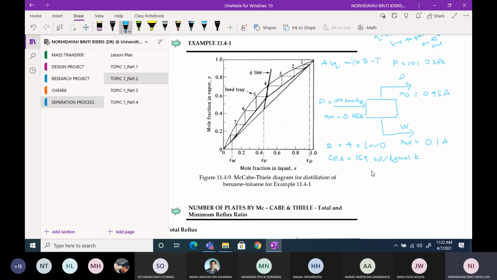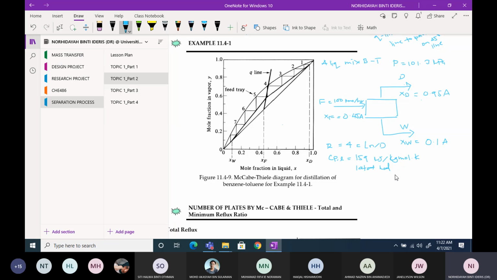So if you remember, what is the latent heat? Latent heat of evaporation is actually an energy required to change 1 mole of the liquid from liquid phase to the vapor phase.